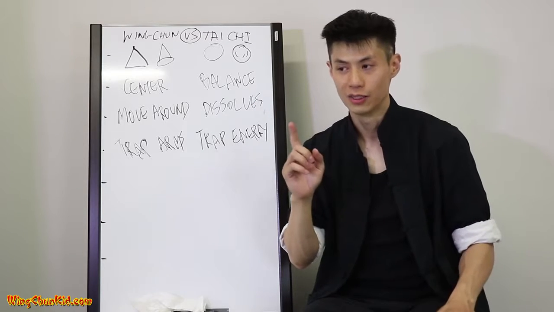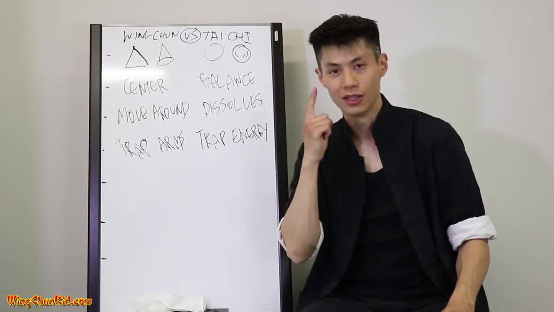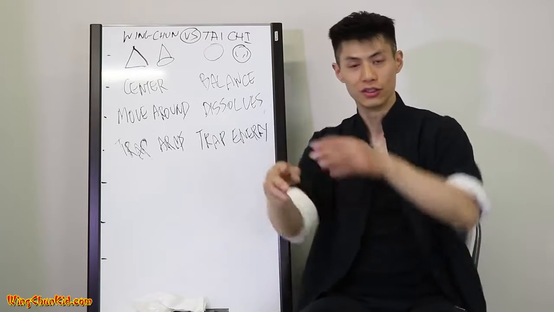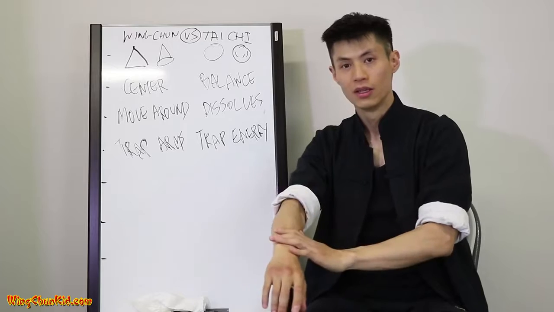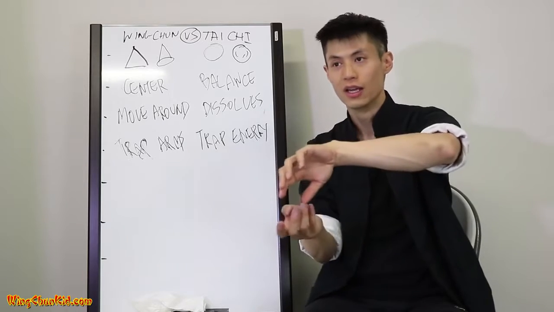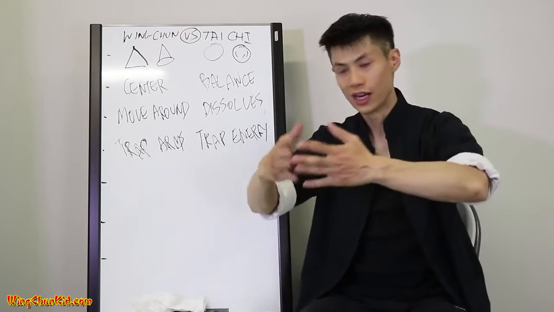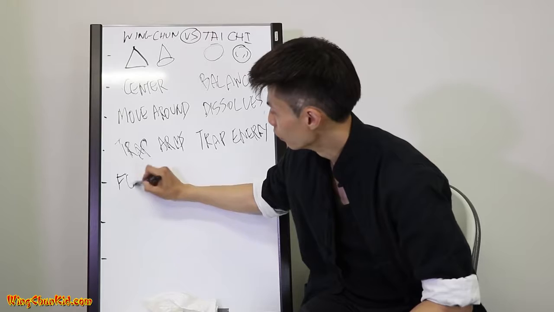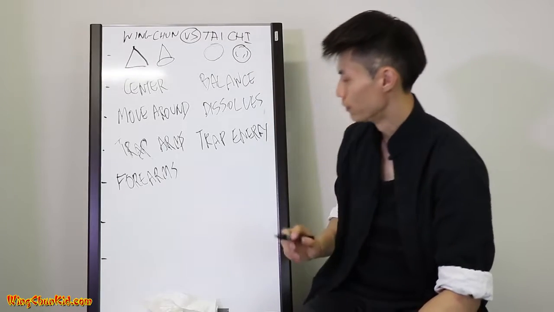Actually, it is proven scientifically to be at least 2 to 3 times faster than reacting with your eyes. It's reacting with touch. So that's why Wing Chun uses Chi Sao to develop sensitivity in your forearm so that you feel the energy and find those openings and redirect the energy with the triangle. Okay, so the sensitivity is in the forearms and the hands, mainly the forearms.